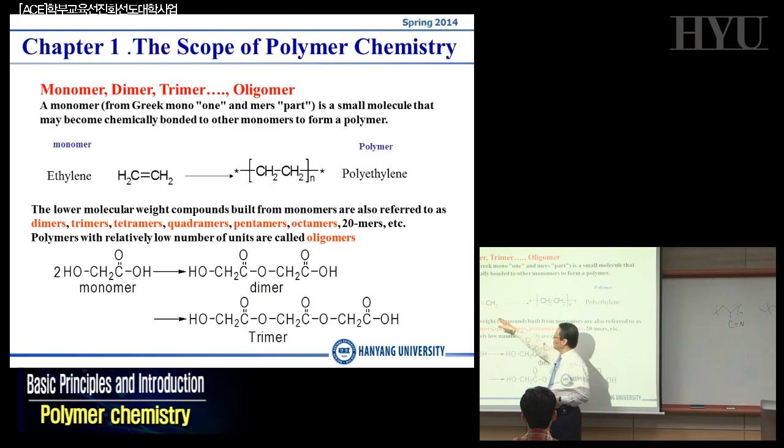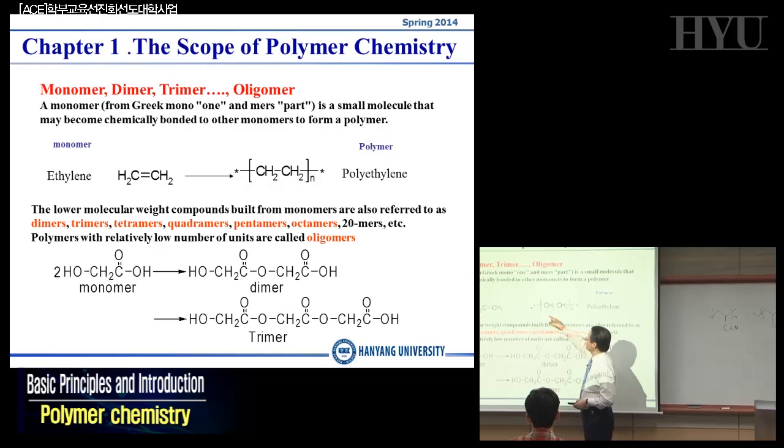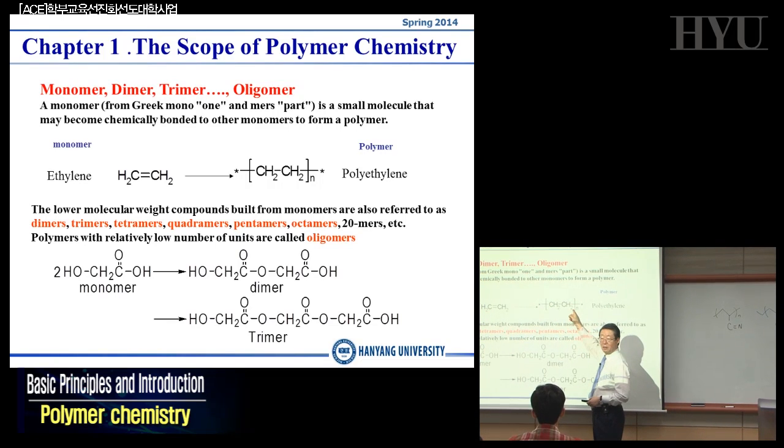So this is the monomer, and this is the monomeric unit. Monomeric unit. It's not monomer, but monomeric unit, repeating n times. And later on, we call this repeating units. Okay, repeating units. n is called the degree of polymerization.